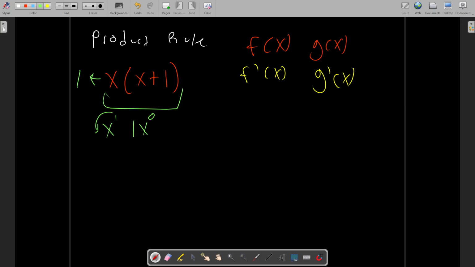Now x plus 1, the derivative of this is a little more tricky, but still not very hard. So we know that the derivative of x is 1, so we can put 1 here. But then what's the derivative of 1? Well, when you differentiate a constant, it's just going to be 0. There's no term, so it's just going to be 0.